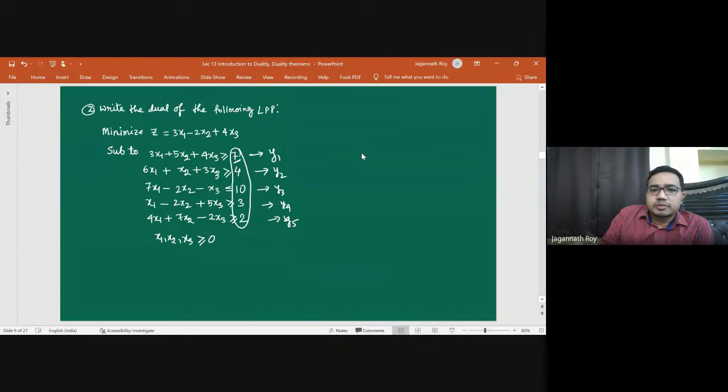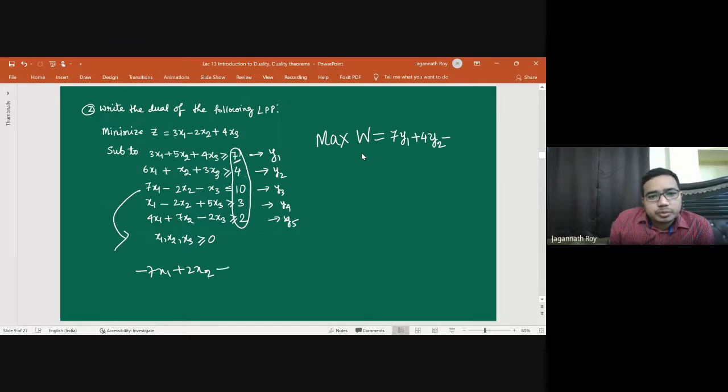Okay, let me write it down. Maximize W. Let us call W the dual objective. So 7y1 plus 4y2, plus, sorry, not plus, it would be minus, because we have written it in this form, minus 7x1 plus 2x2 plus x3 greater or equal to, so this is minus 10.